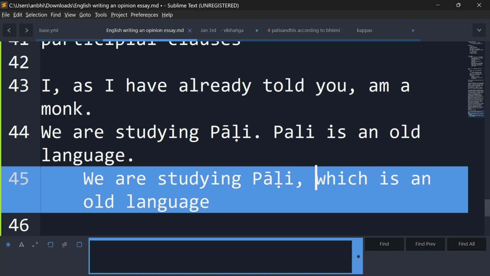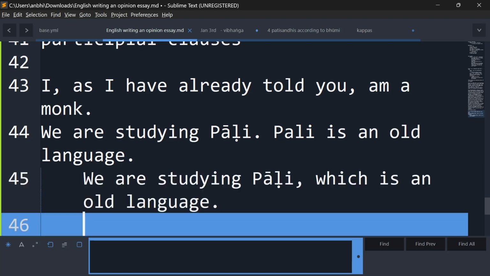And I think normally we would add a comma over here. In some cases not. Not compulsory. In some cases it's compulsory.